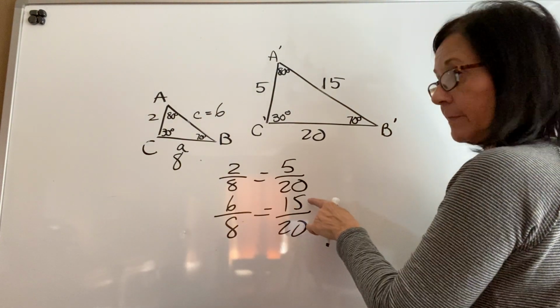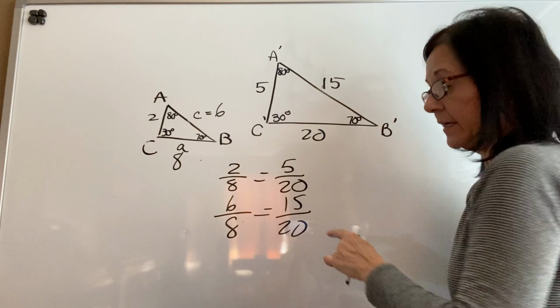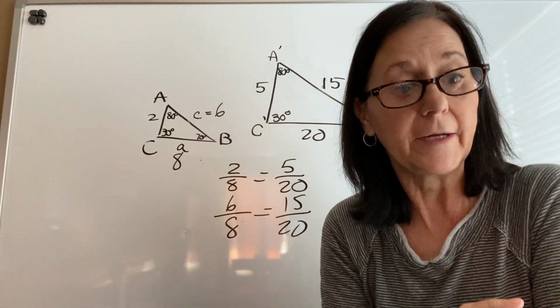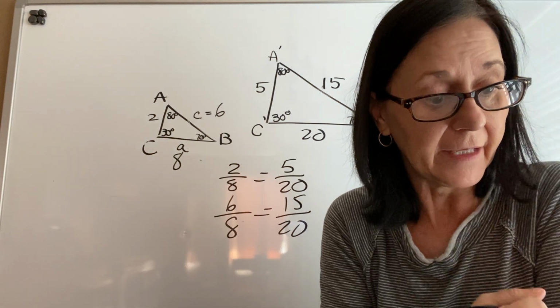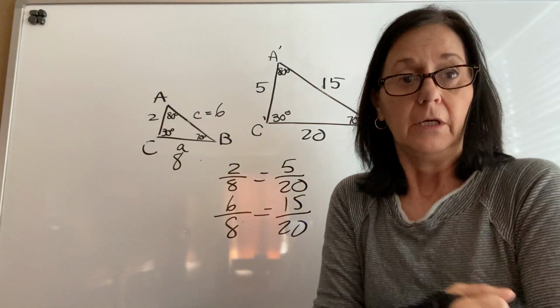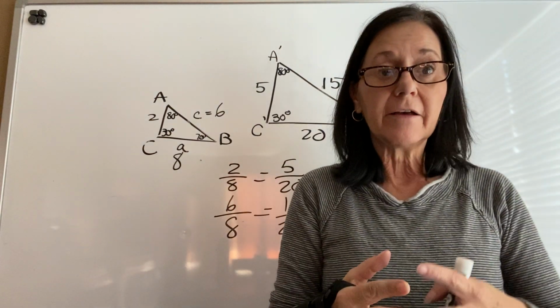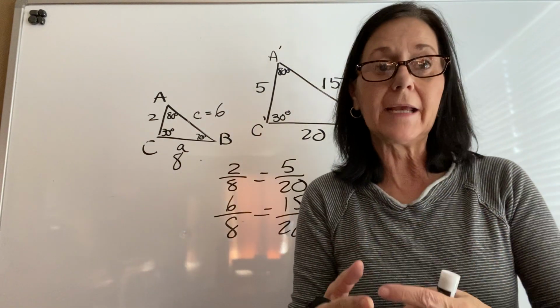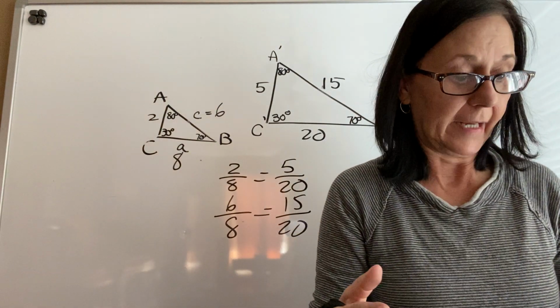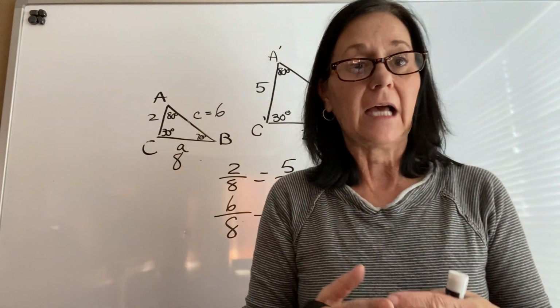That's 3/4. Both of these divisible by 5, 3/4. Okay, those ratios should be equivalent, all right? So there's this direct variation, this direct scale factor, this constant that I can multiply a side by.